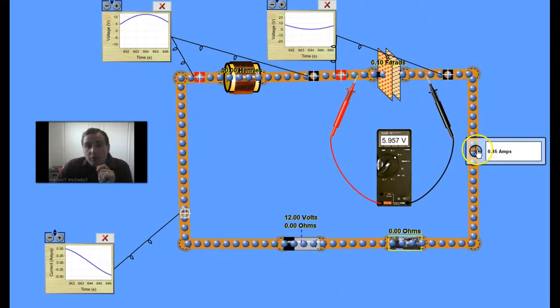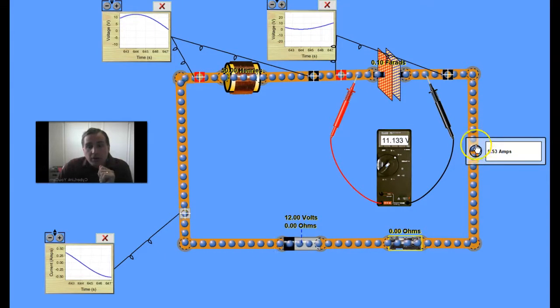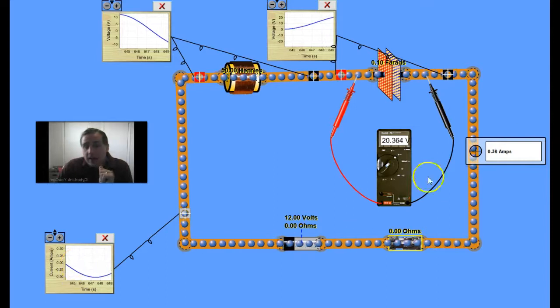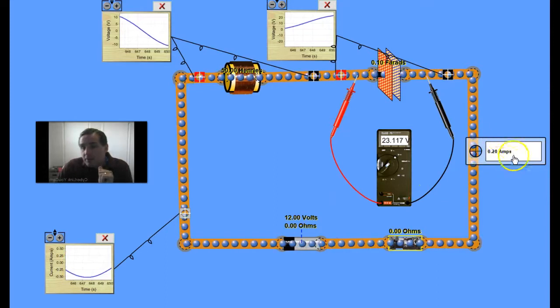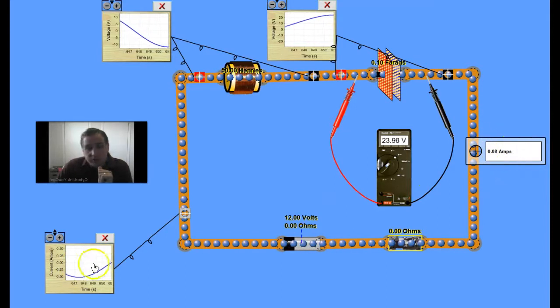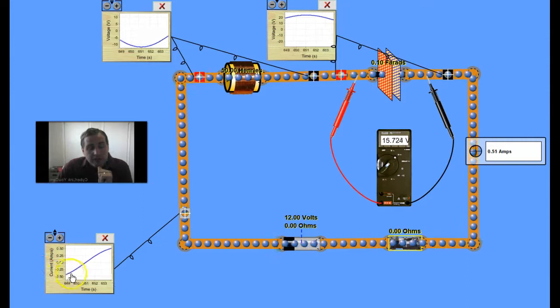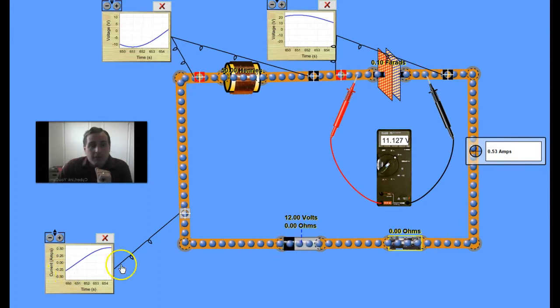And now the current starts to go still the other way. But notice that, again, this ammeter is just measuring the magnitude of the current. The actual current, if it's positive or negative, is being measured down here. And we can see it's varying as a sinusoidal wave.